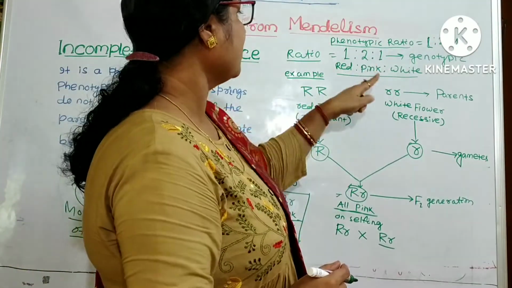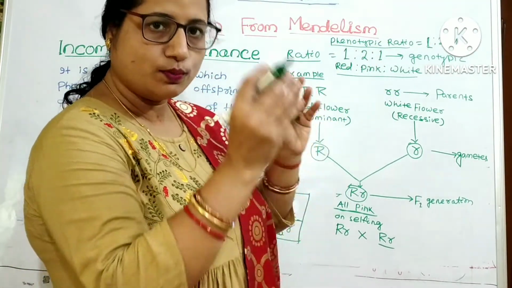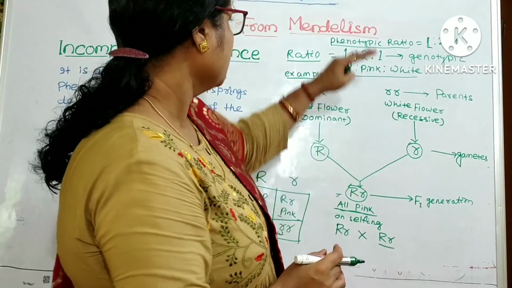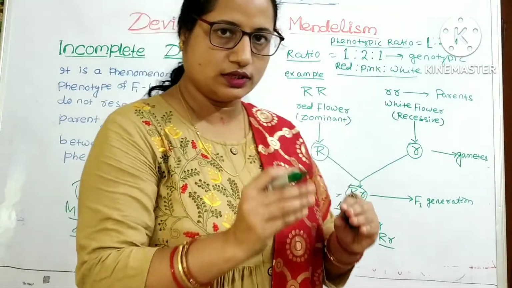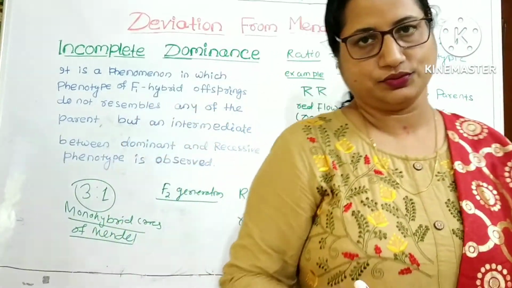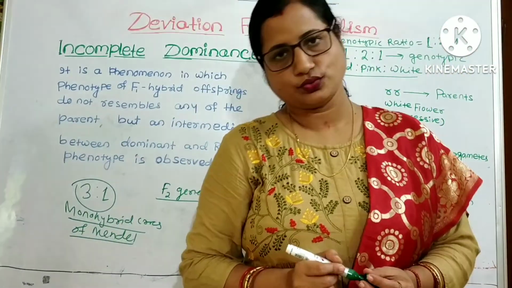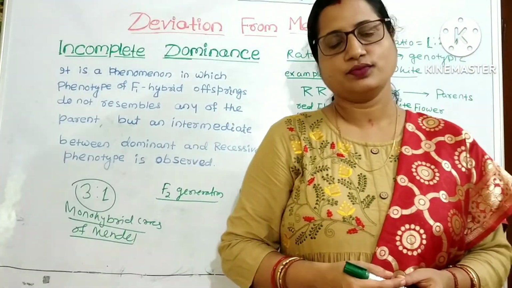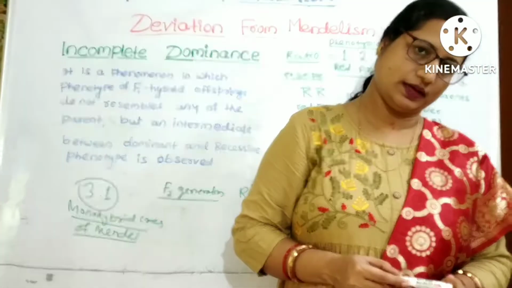The phenotype and genotype ratios are both the same, that is 1:2:1. So these are all about incomplete dominance.